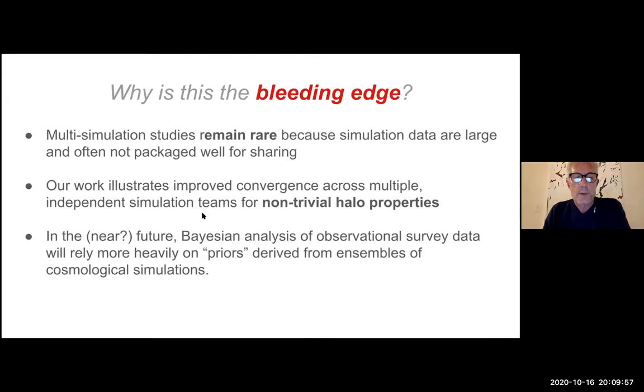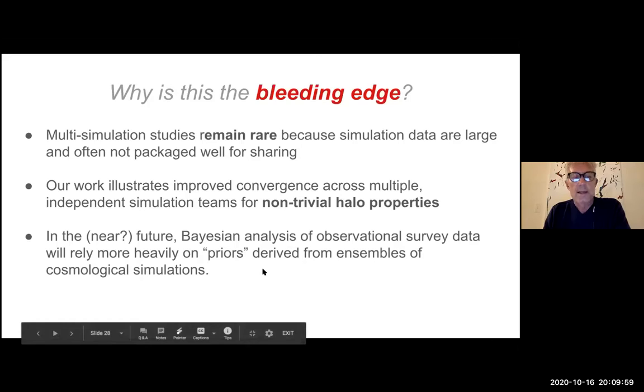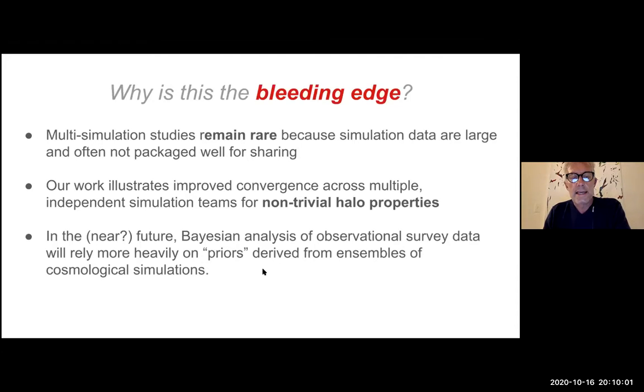And then I think where we're trying to head with this is that the kinds of survey data analysis that are being done right now are often very agnostic as to exactly how many galaxies are in a halo, and what the form of the distribution of the likelihood of the number of galaxies given halo mass looks like.